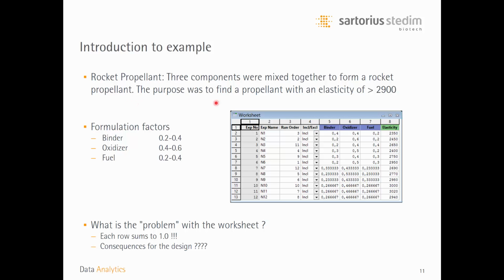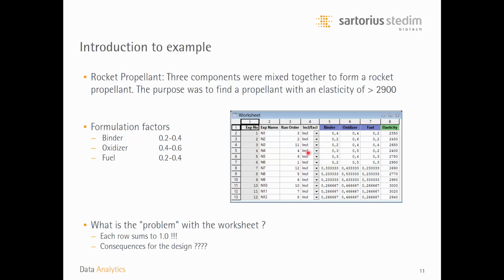The purpose was to find a propellant with an elasticity exceeding 2,900. The three formulation factors are not varied between 0 and 1, but have modified bounds. The binder is varied between 0.2 and 0.4, oxidizer between 0.4 and 0.6, and fuel between 0.2 and 0.4.